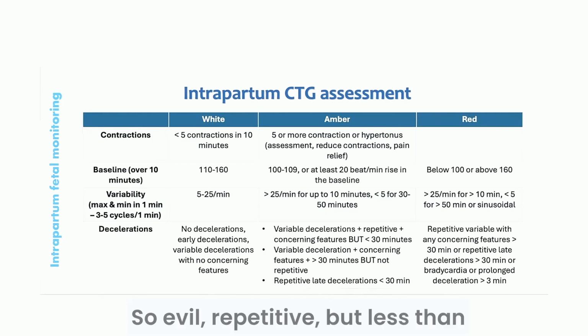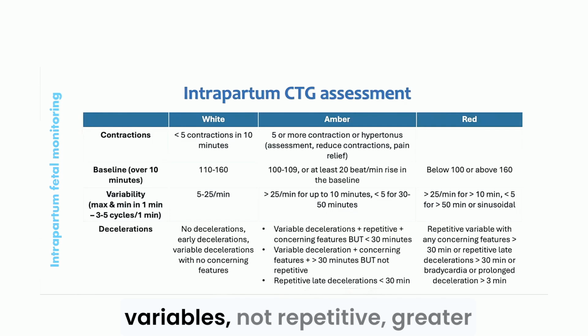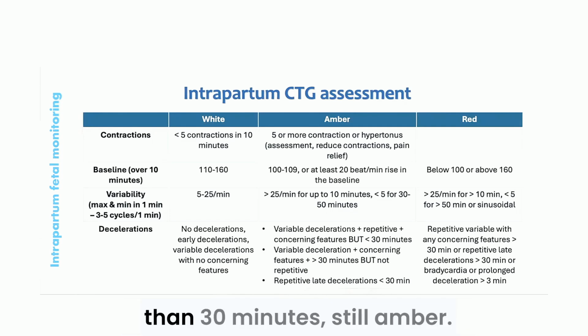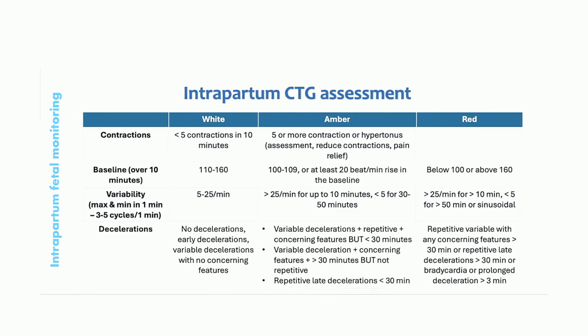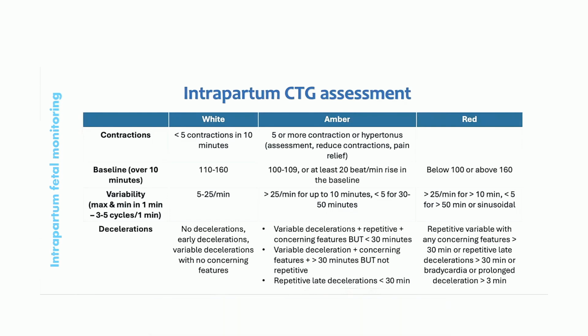So evil, repetitive, but less than 30 minutes, they are amber. Evil variables, not repetitive, greater than 30 minutes, still amber. But if evil and repetitive and more than 30 minutes, this is when they are red.